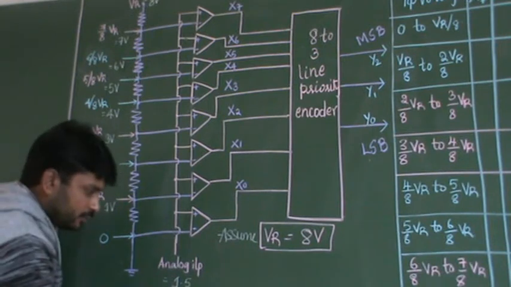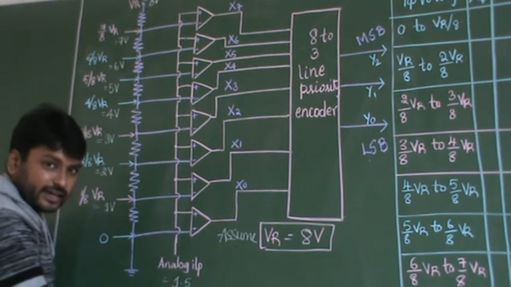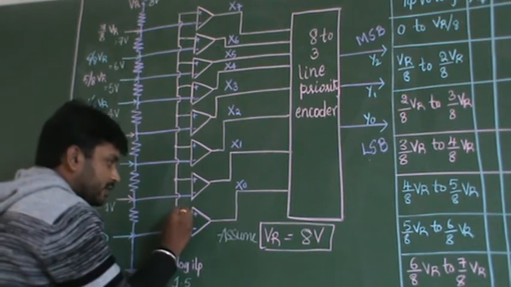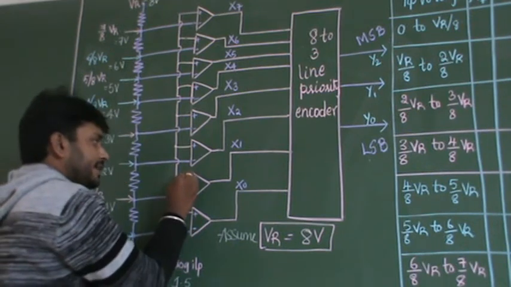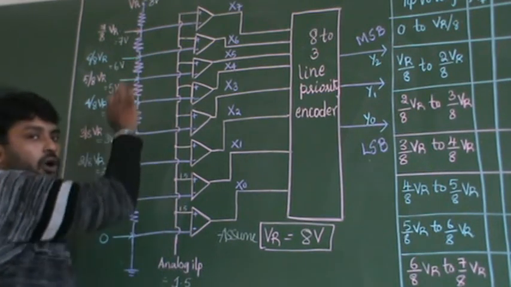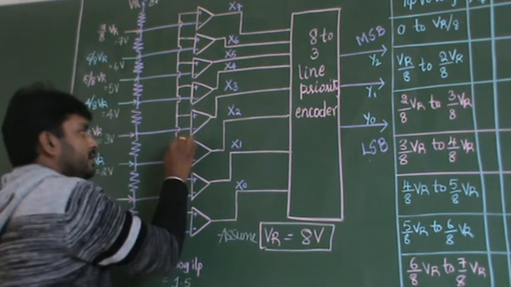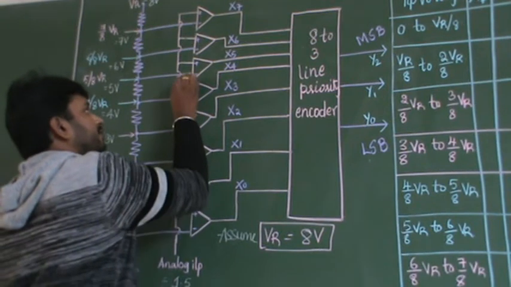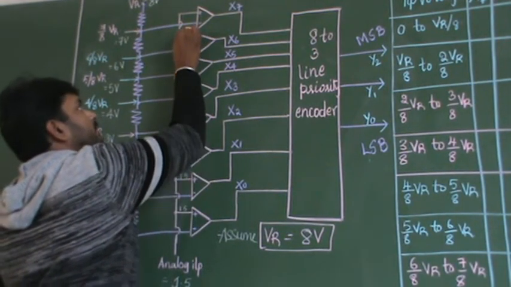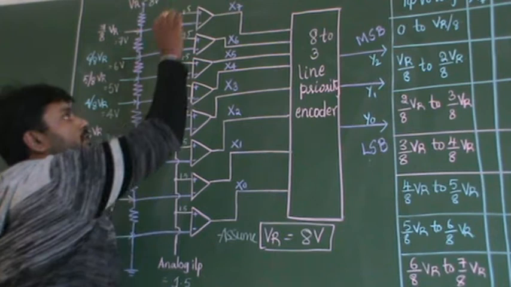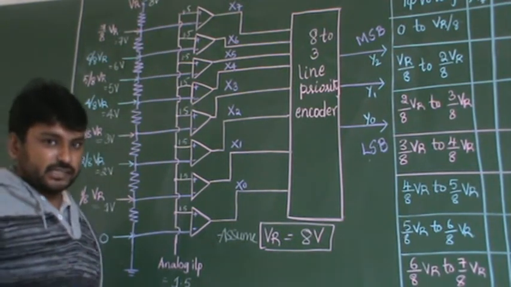So my analog input voltage is equal to 1.5, right? So here you will be getting 1.5, here 1.5, because I am shorting into all the positive terminals of the comparator. So like that I am providing 1.5 to all the positive terminals of the comparators.